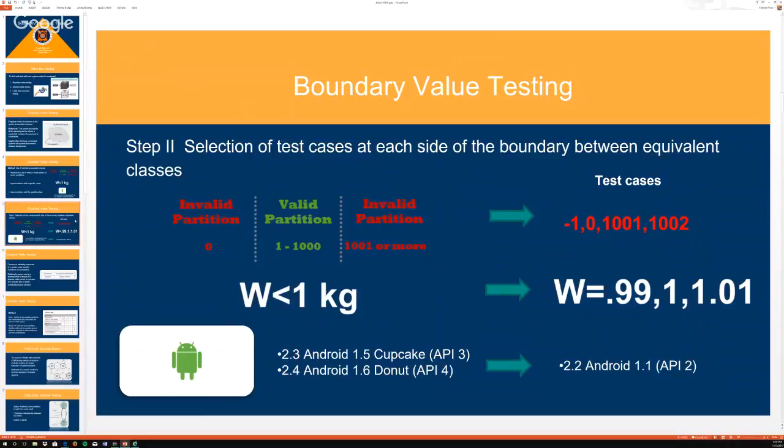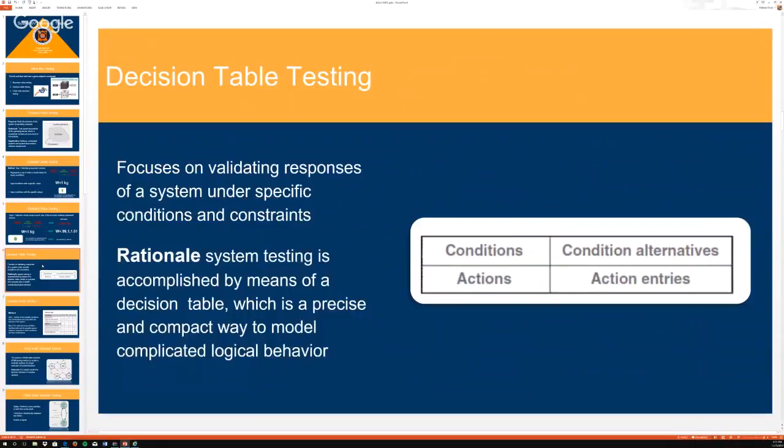So the next one is the decision table. And here, basically, we're going to model the logical behavior of our system by describing the conditions that we can have and the actions that must be performed once specific conditions are met.